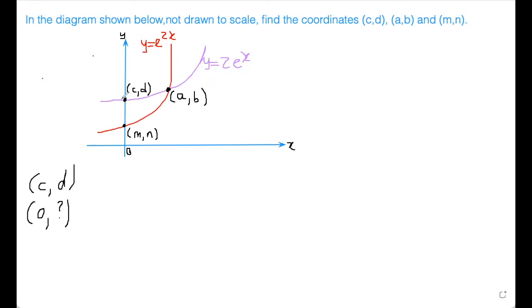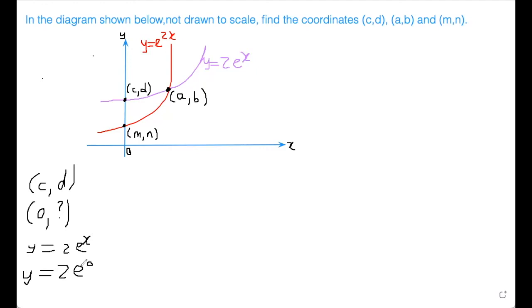Now to find d, I'm going to use the curve equation y equals 2e to the x, because CD is on this line, so that is why I have to use the exponential function. Now x is 0, so substituting, I have y equals 2e to the 0.